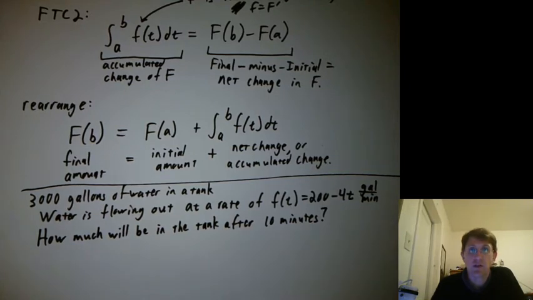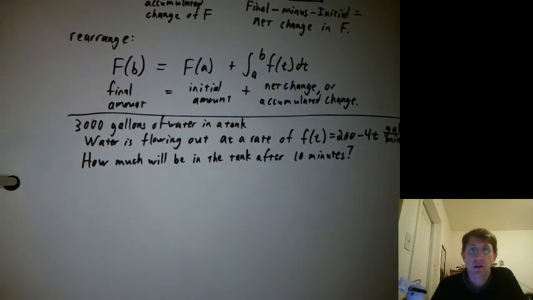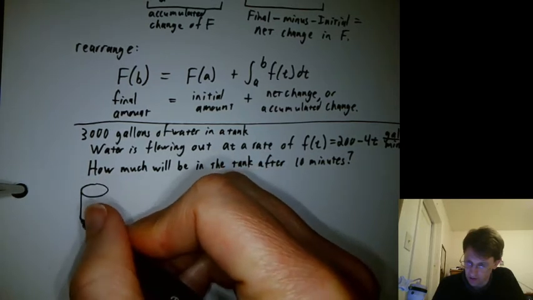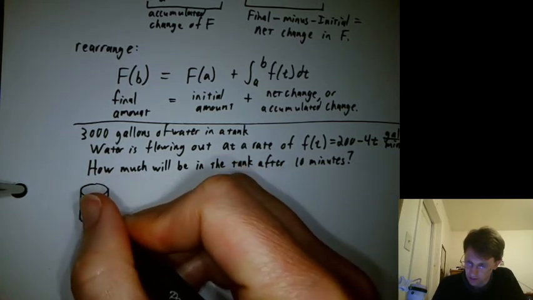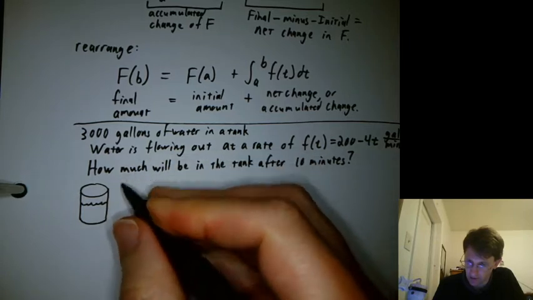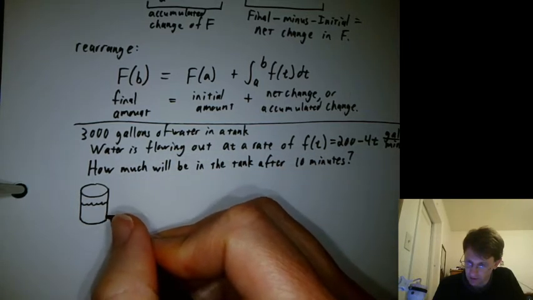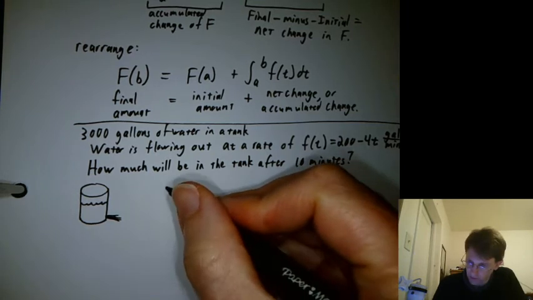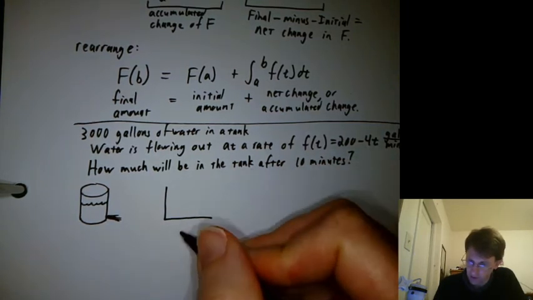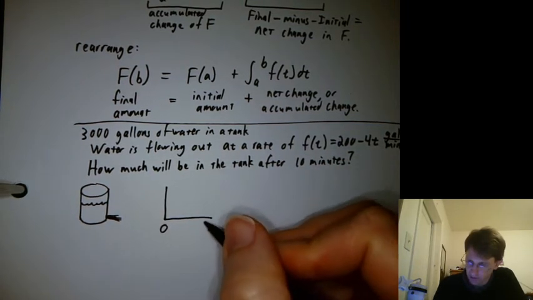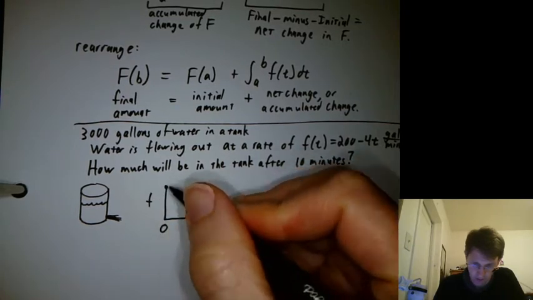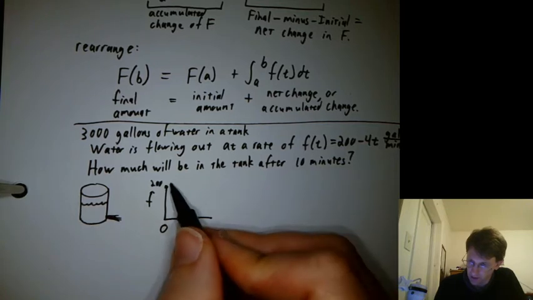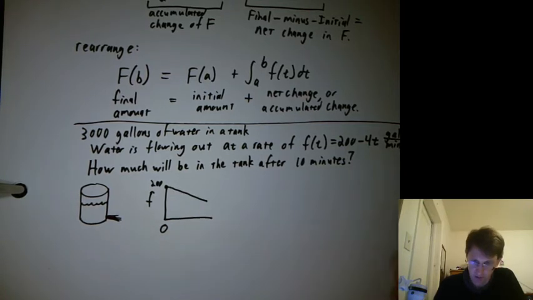So the first thing I do is draw a picture. We'll draw the world's best picture of a tank. And there's some kind of water level inside, and we're losing water out that way. We could draw the function we were given. So we know f starts at 200 and decays at some rate.